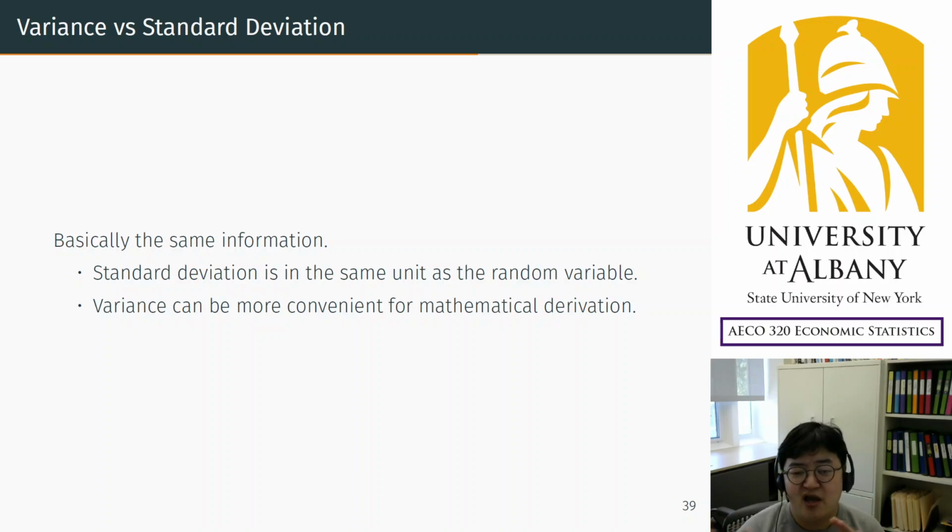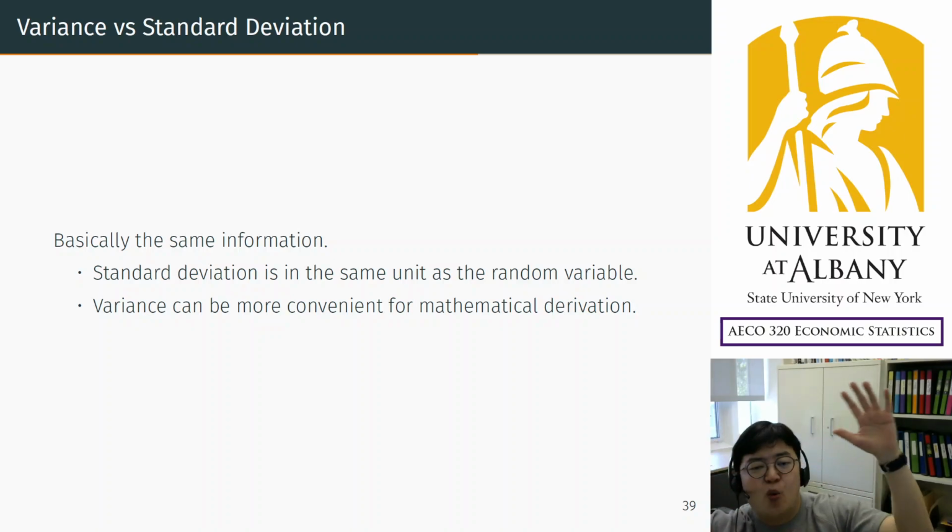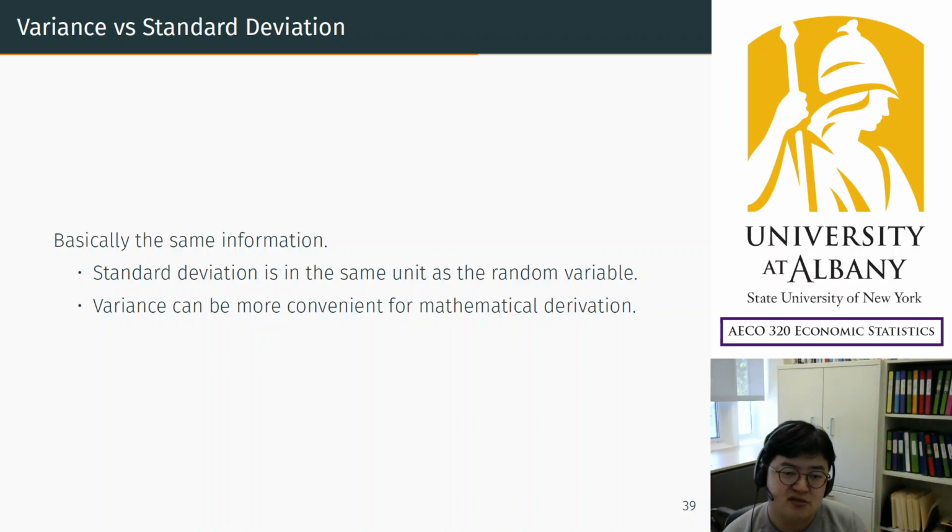So later you are going to learn in chapter 11, for example, when you think about the variance of weighted portfolios, then we will usually use the variance instead of standard deviation because that is more mathematically convenient.